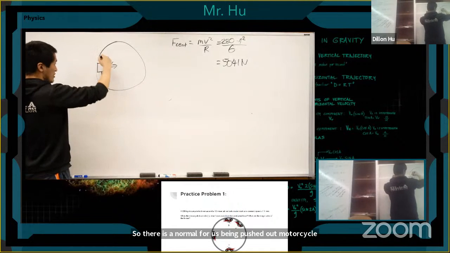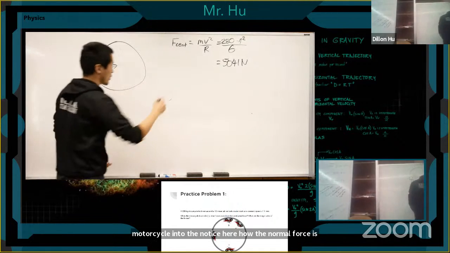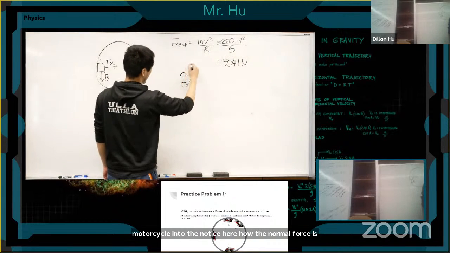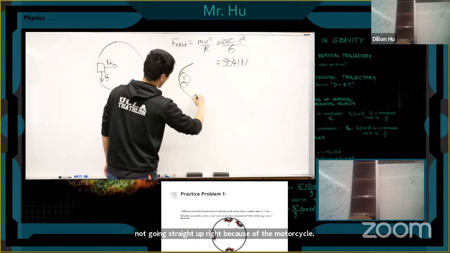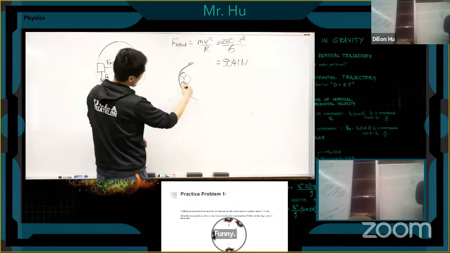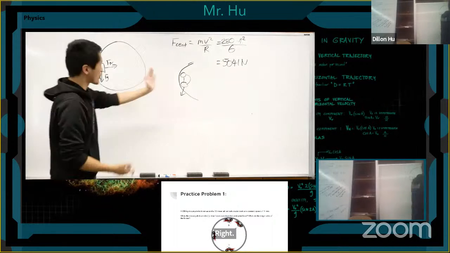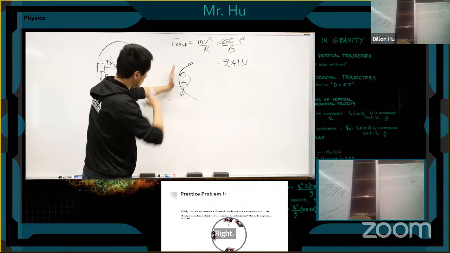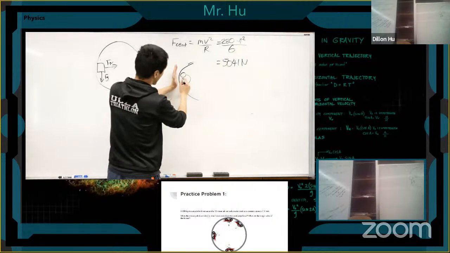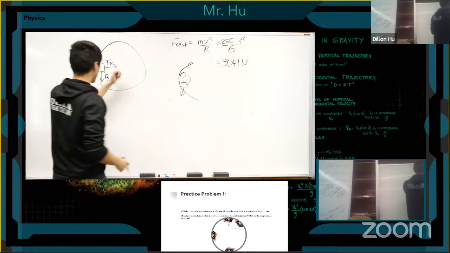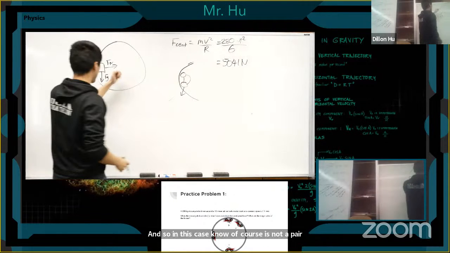Notice here how the normal force is not going straight up, right? Because there's no track below the motorcycle. The track is on this side, and the track is going to push the motorcycle perpendicular to the track. So in this case, the normal force is not in the opposite direction of gravity.